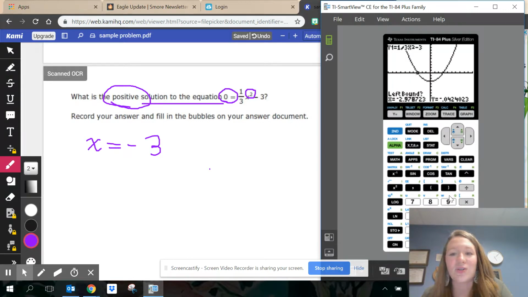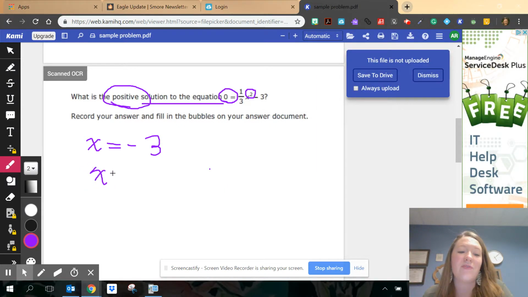I'm going to press number 2 to get to my 0, and this time I'm going to go to the left over here. Press enter. I'm going to go to the right of my 0, press enter. I'm going to guess. It's about right here. Bam. This 0 is when x is +3. So if I am finding my solution and I'm bubbling it in, I'm going to bubble in the number 3.